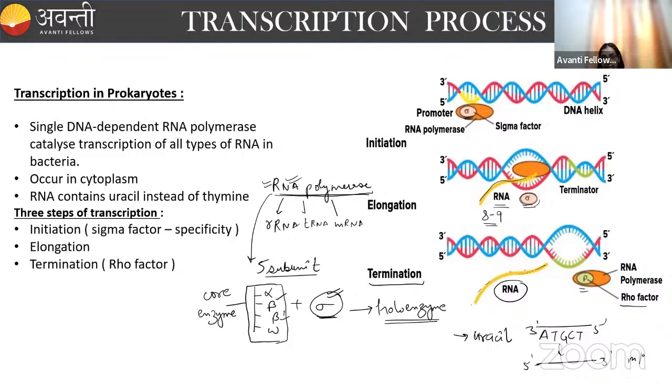So this is the mRNA, and the mRNA is complementary to this template strand. So here's A. We generally write T, but in the case of RNA, instead of T we will write U: A, C, G, A. Remember that RNA contains uracil instead of thymine.